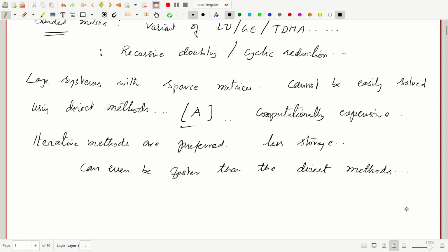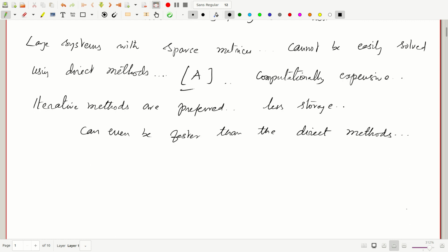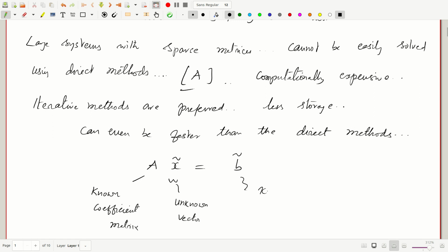so the philosophy of iterative methods is basically in the solution of a system of linear equations. We again start off with Ax equals b, where A is a known coefficient matrix, and x tilde is the unknown vector, and b is the known right hand side vector, for the solution of Ax tilde equals b.